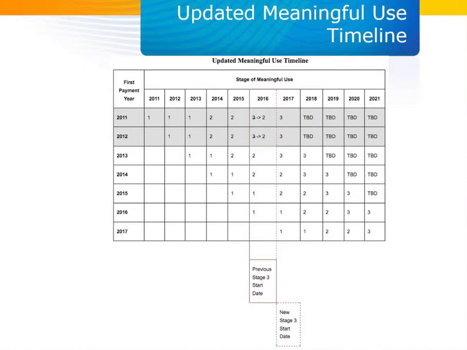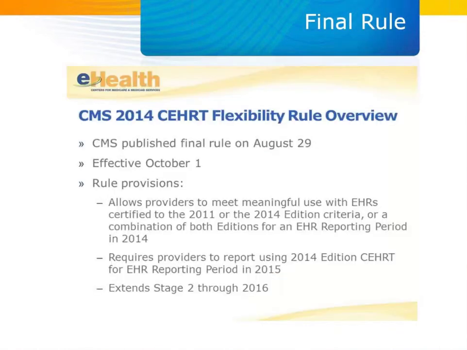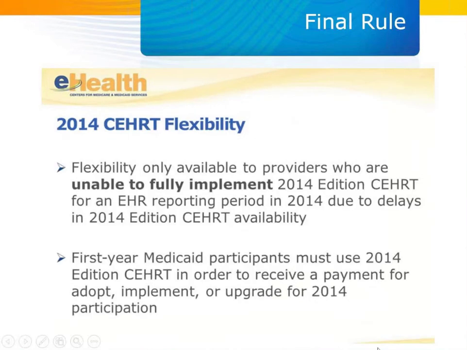So they did publish it. It came out on August the 29th. They had told me it was going to come out on September the 1st, so they surprised me by a couple of days early. But still, August the 29th is kind of late in the time for you to hear that there's going to be options. So they did give options. They did extend the period for 2016. And again, these slides came straight from CMS. In fact, Elizabeth Myers, who is my number one go-to person at CMS, did this presentation.